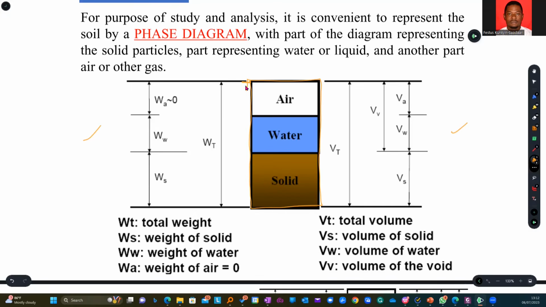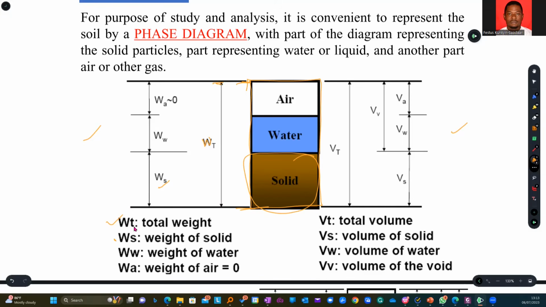Then for the entire sample, you have what we term as the total mass or the total weight of the material, WT. Then we have the weight of the solids. If I were to pick only the solid section and place it on a scale, I will know its weight, which we term WS.